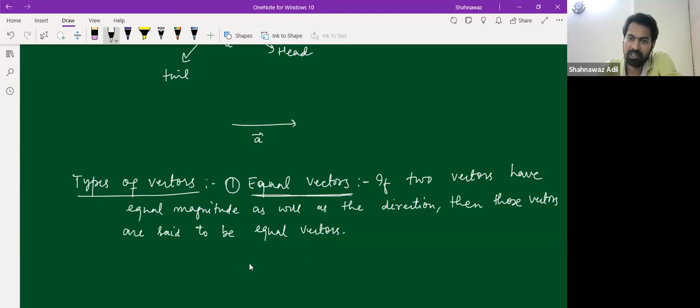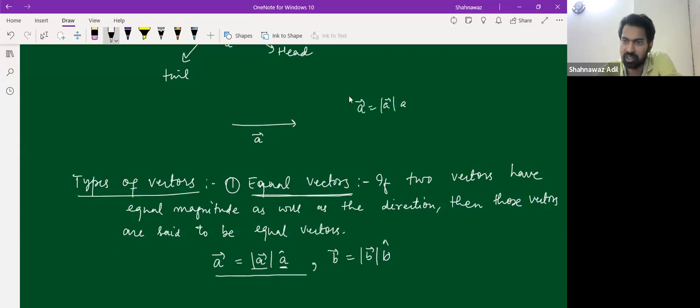Okay, so let's say I have some vector A, whose magnitude is A and direction is A hat. And if I have another vector B, which has magnitude B and direction B hat. We all know that we represent a vector like this: the magnitude, and this represents the direction.